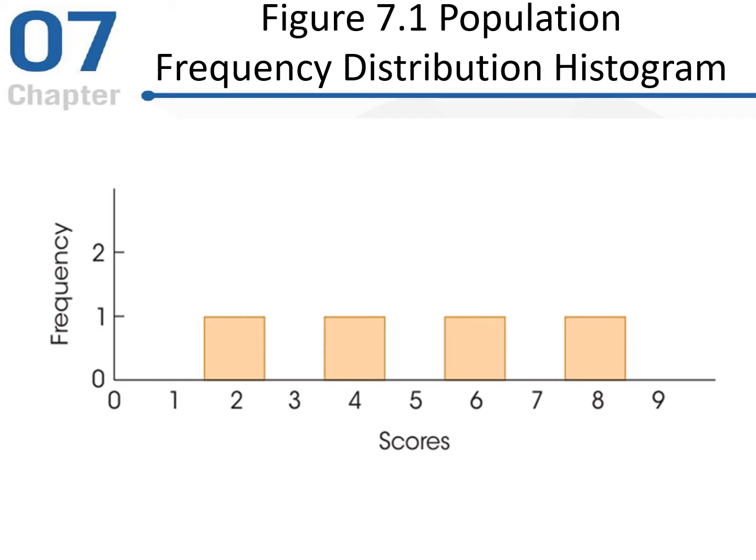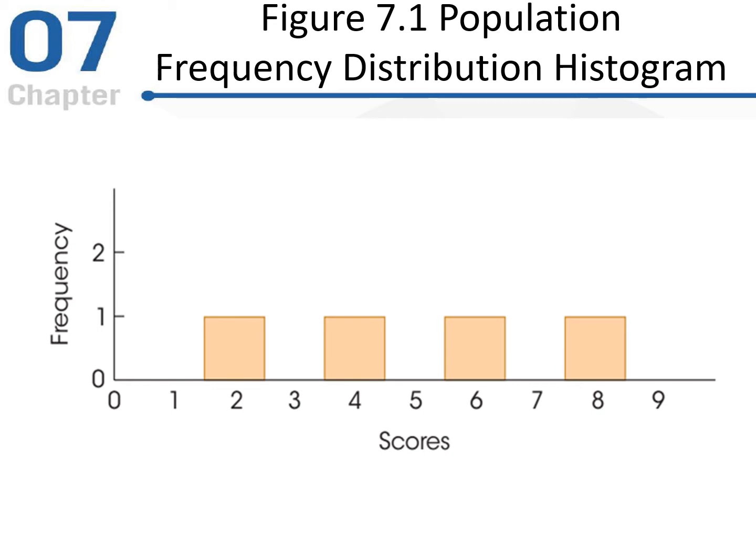If you look at the shape of this population, there's only one of each of these 4 scores, so the shape is rectangular or uniform. It's not normal because you have an equal frequency for these 4 values. It looks like a rectangle.